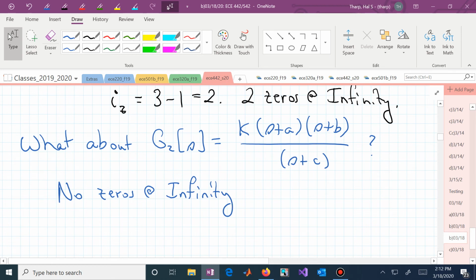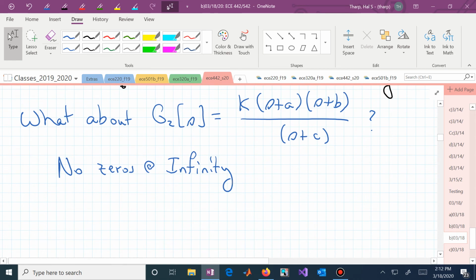So as S goes to infinity, S squared over S, G2 of S is looking like K times S. Well, what's G sub 2 of S doing as S goes off to infinity? Well, G sub 2 of S is blowing up, and that was how we defined poles. When G sub 2 of S goes unbounded for those values of S, that's what we called a pole.